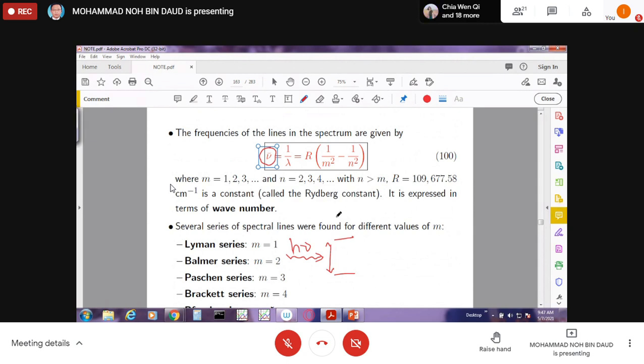To find each of these energies, we must calculate quantum mechanically. What you can interpret in your spectrum is only the difference, delta E.